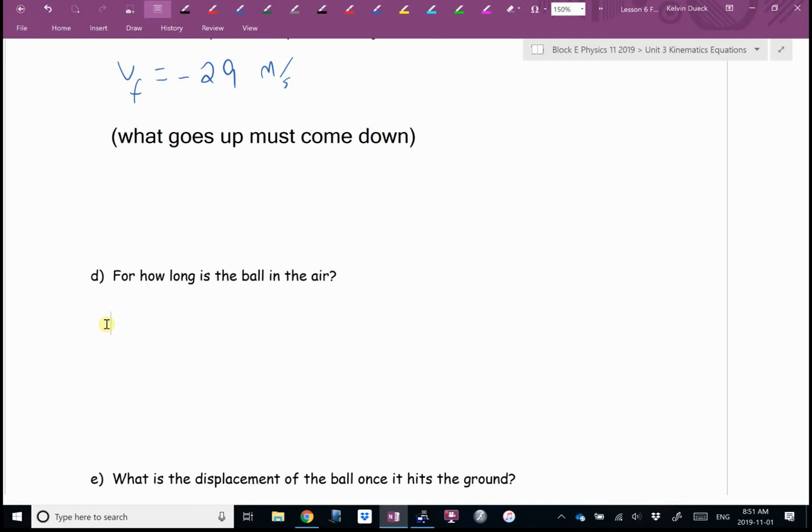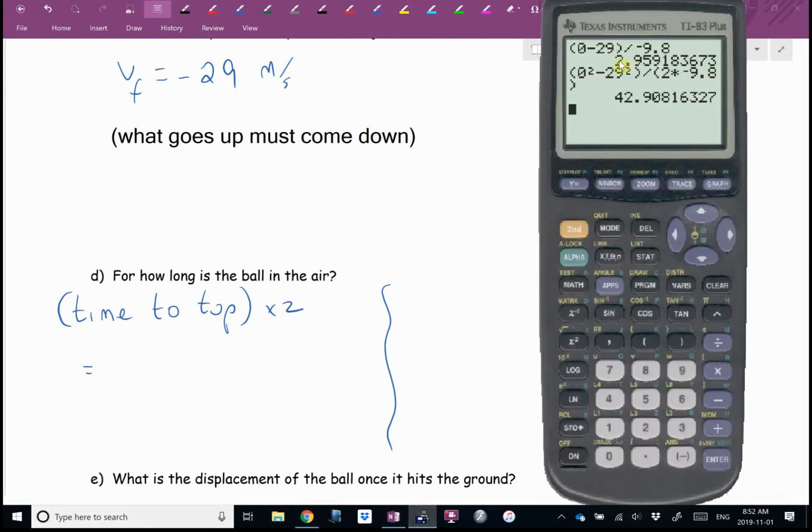So there's two ways to do this. I'd like you to actually draw a little line down the middle of your page. If I had done Jana's question already, which we have, I could go time to top times 2. I deliberately kept it on my calculator screen even though I didn't store it.